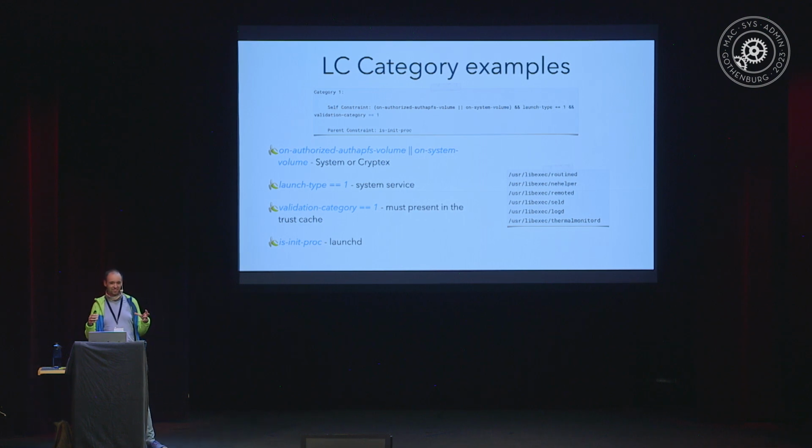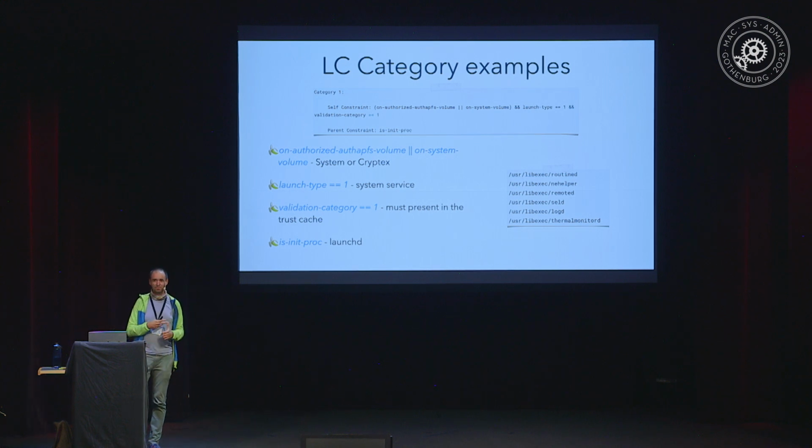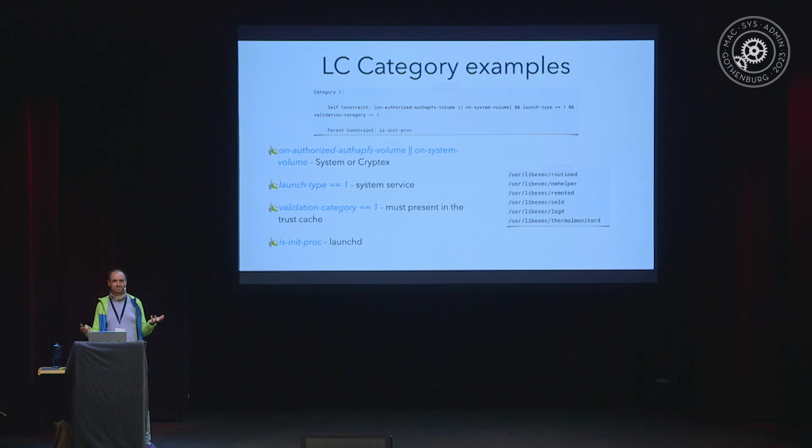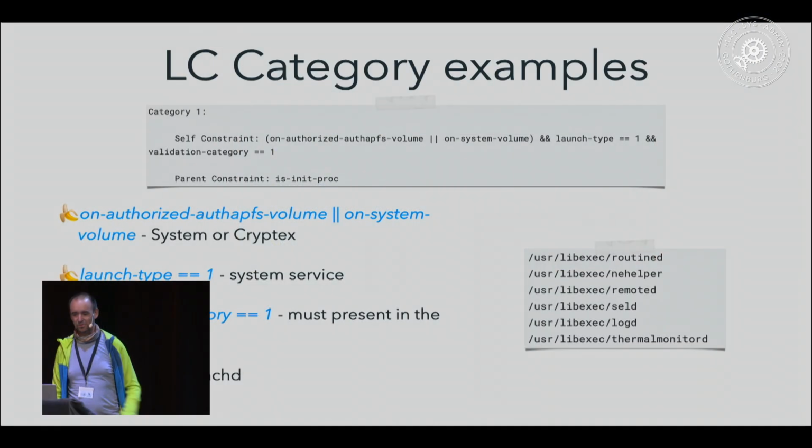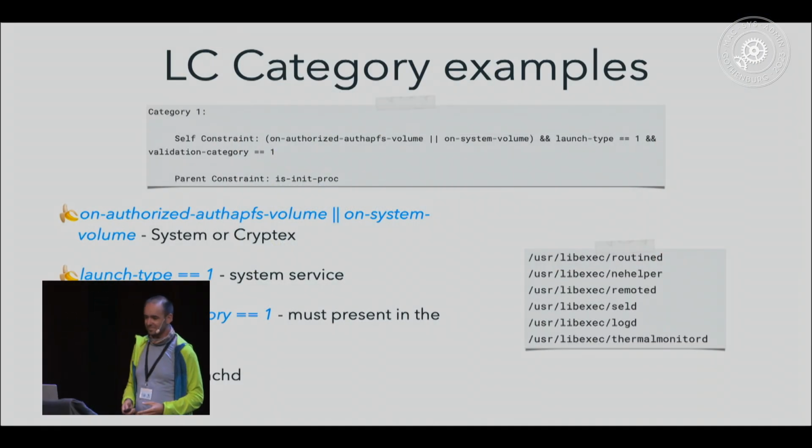So any binary that is assigned to this category must be started by launchd, it must reside on a protected volume, and it must be a system service. Now, if we check which binaries are assigned to this category, we will find most of the system services daemons, for example, these ones. This is just a small subset of the whole list.